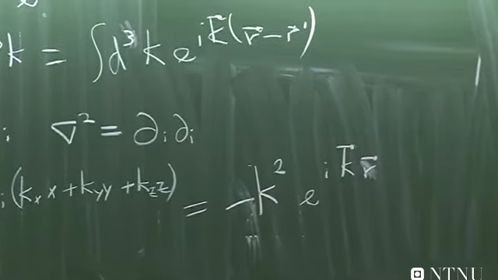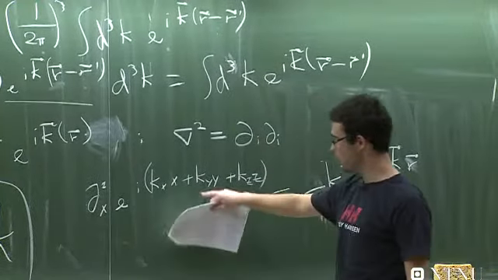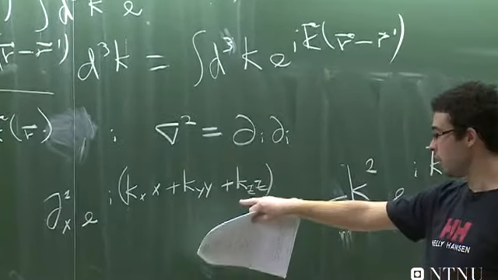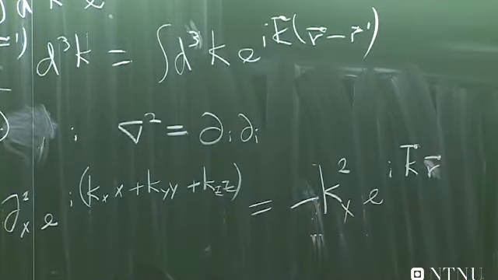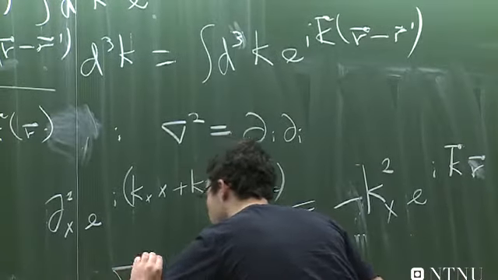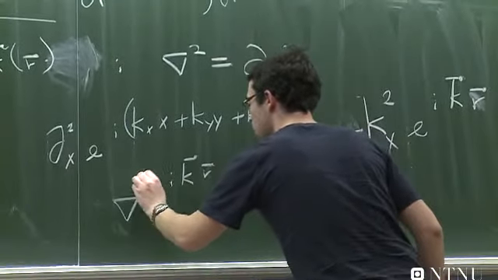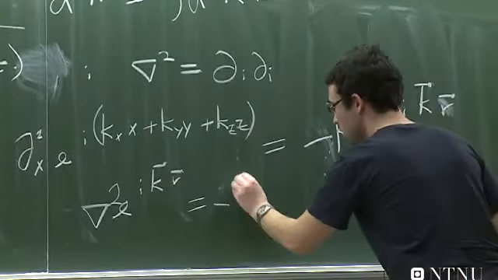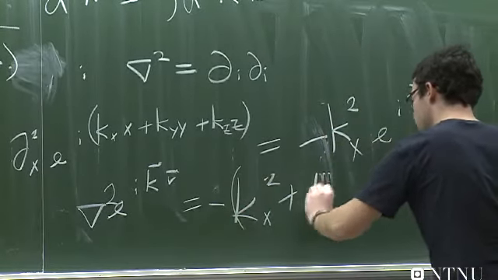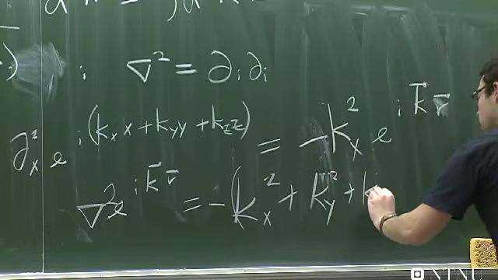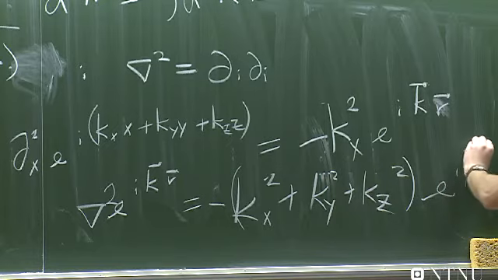Like this. If I do the same thing with respect to y, I mean dy square, I will simply get down ky. And if I do it with respect to z, I get down kz. Meaning that the Laplacian of e to I k r will simply give me minus kx square plus ky square plus kz square, and then the exponential back.